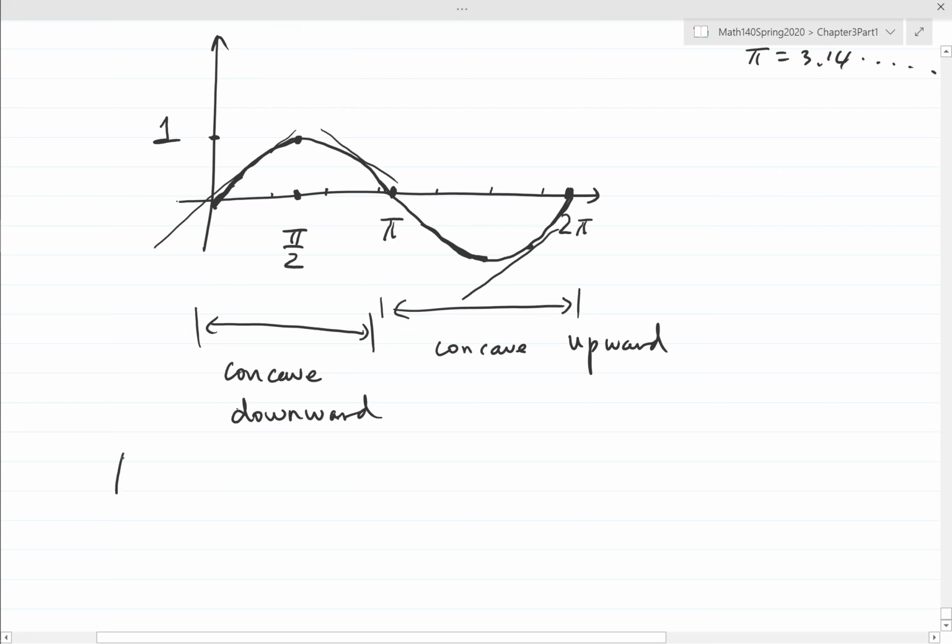Okay, you see here at the point pi, at x equals pi, so we have the point (pi, 0). The graph, you see, the concavity changes.